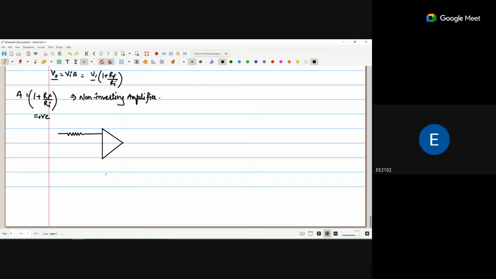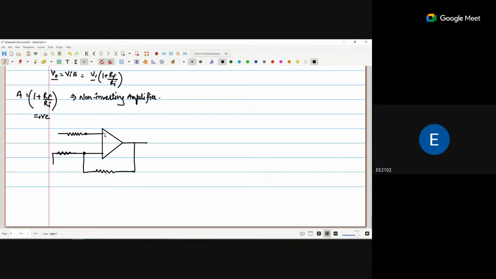In negative feedback, this terminal voltage and this terminal voltage are the same.